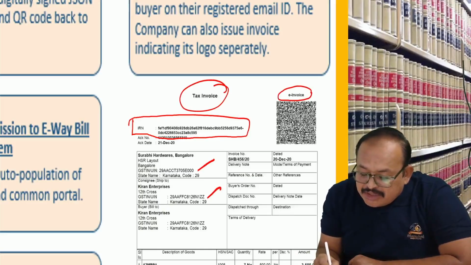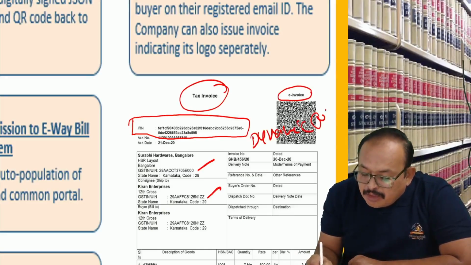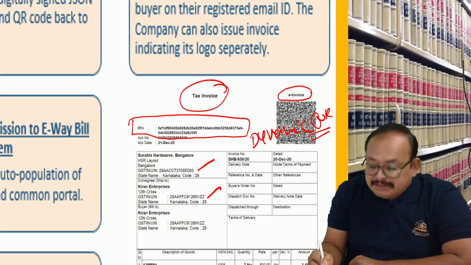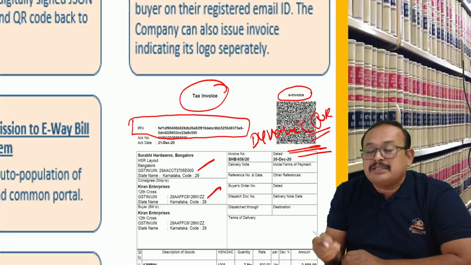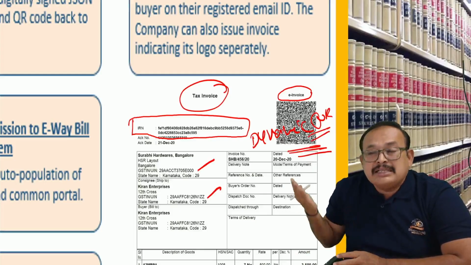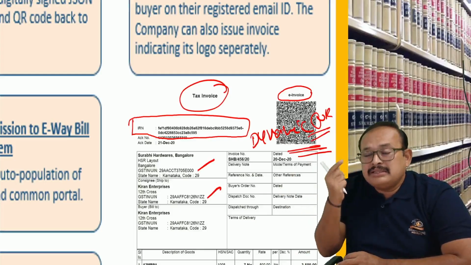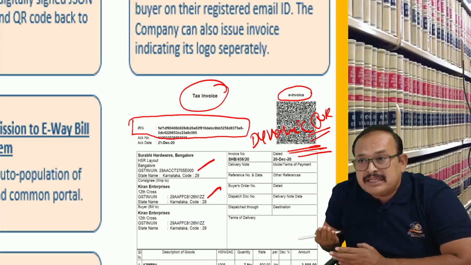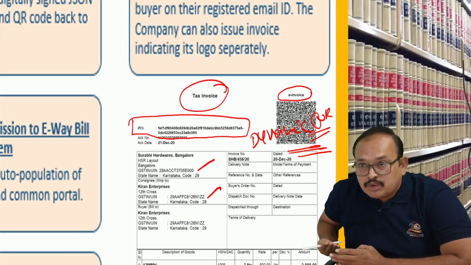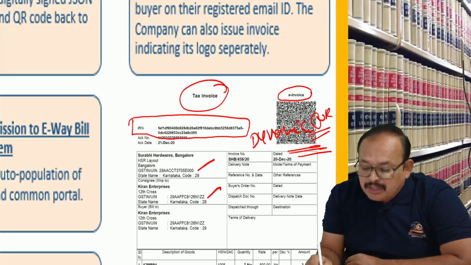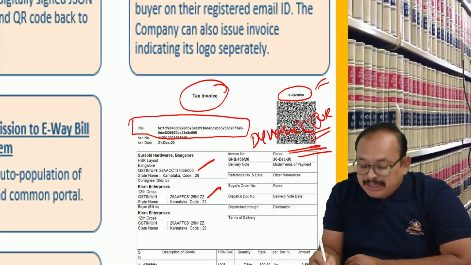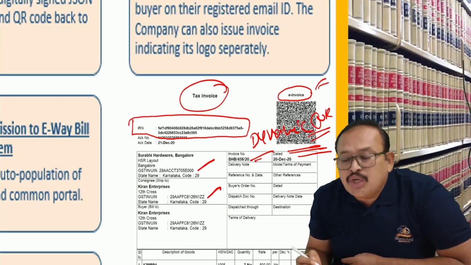This is called a dynamic QR code. This QR code is generated through the system, through the GST invoice portal, gst.gov.in, invoice 1, 2, 3 portals, through which you generate this particular e-invoice containing the dynamic QR code.